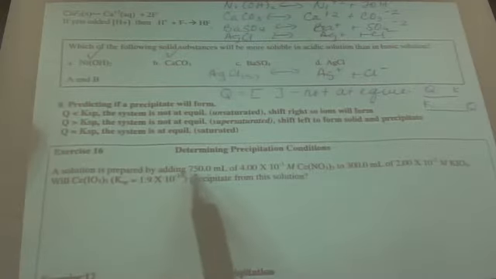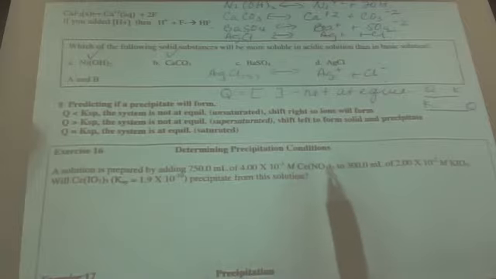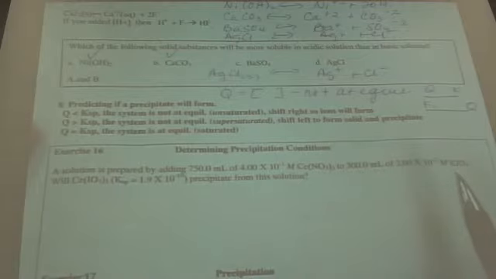A solution is prepared by adding 750 mL of 4 times 10 to the negative third molar, I don't even know what this is. I think it's cerium. Somebody look on the periodic table. It's number 58, bottom left.